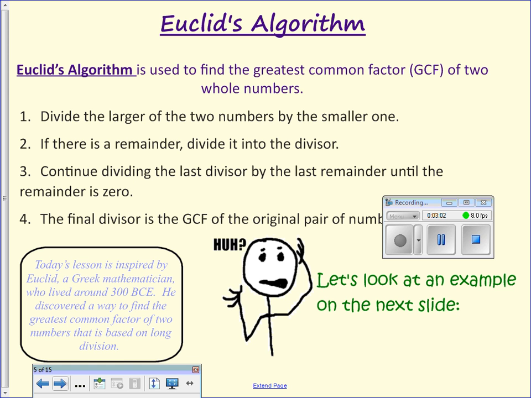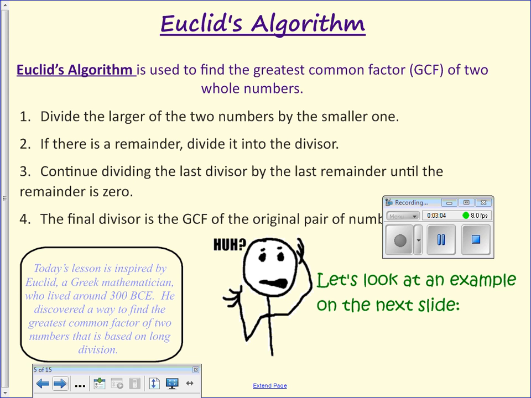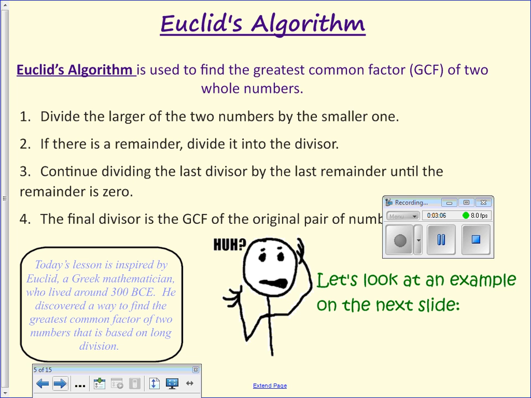So today's lesson is inspired by Euclid, a Greek mathematician who lived around 300 BCE. Why it took Common Core to dig Euclid out of the grave and bring this method to us, I don't know. But it's pretty cool. I'm glad that they did. I like seeing relationships between numbers and number patterns, and I just think this is pretty cool. Because I'm a math geek, and I think it's pretty neat.